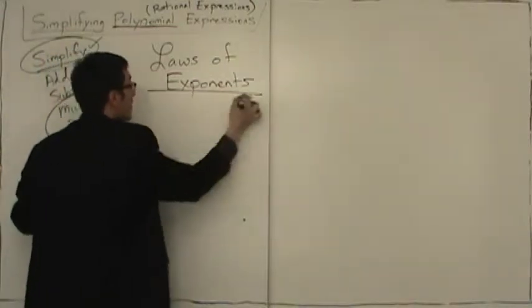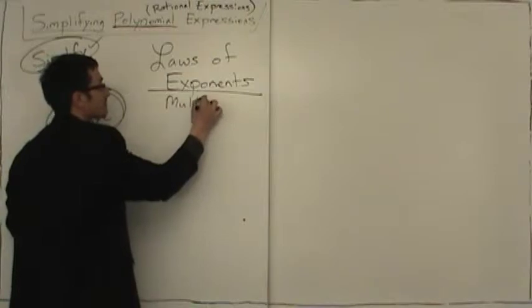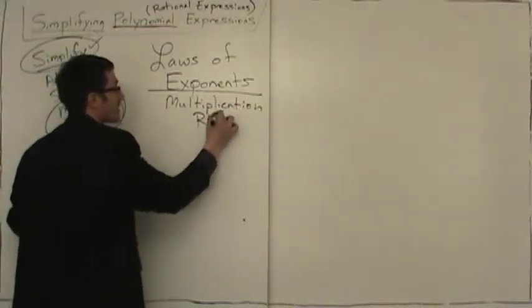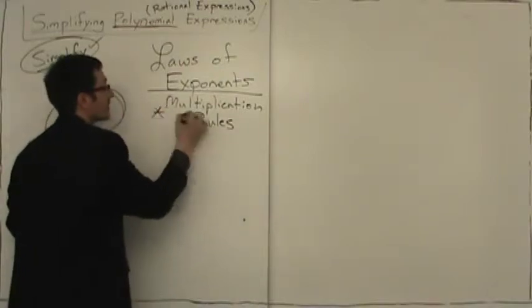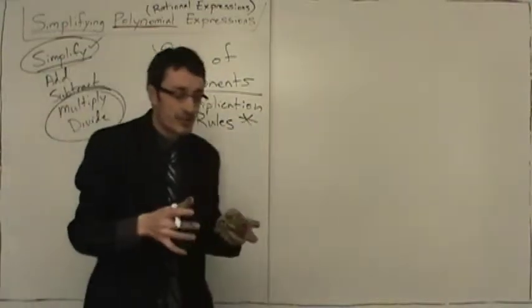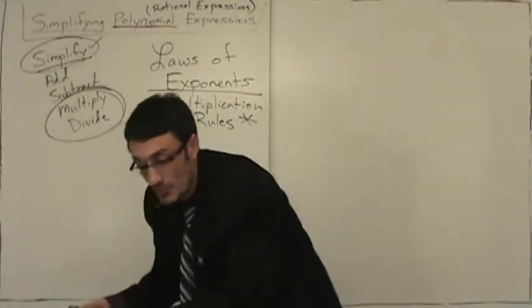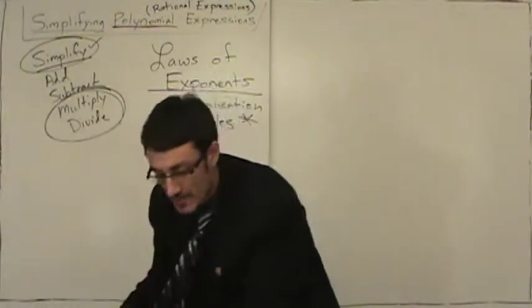Laws of exponents are multiplication rules. And if I have not made it clear already, you must understand the difference between multiplication rules and addition rules. You must be able to keep these straight.